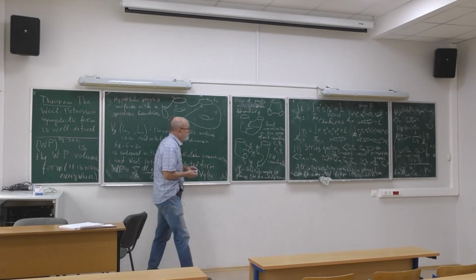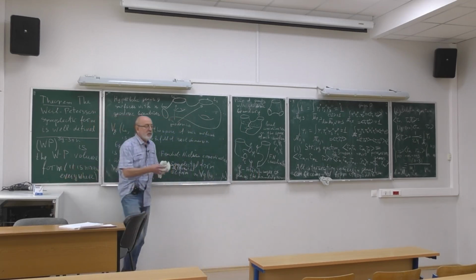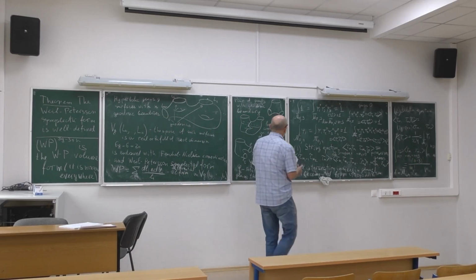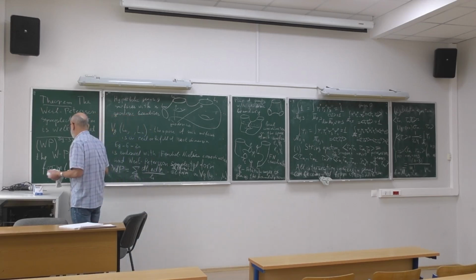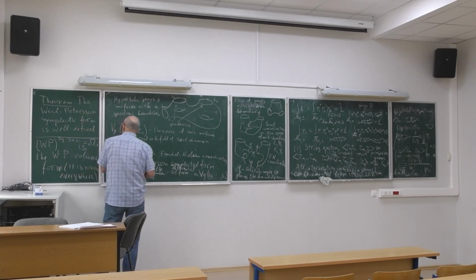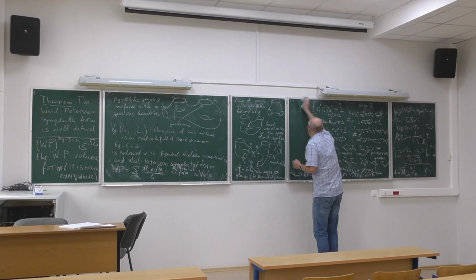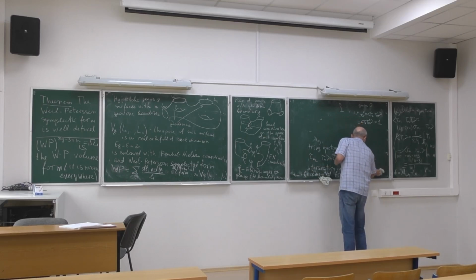And the key point in Mirzakhani's proof is a computation of the volume. Let me denote this by omega. The computation of the Weil-Petersson volume of this moduli space with respect to this volume form.